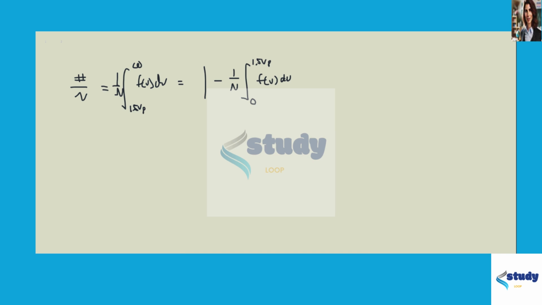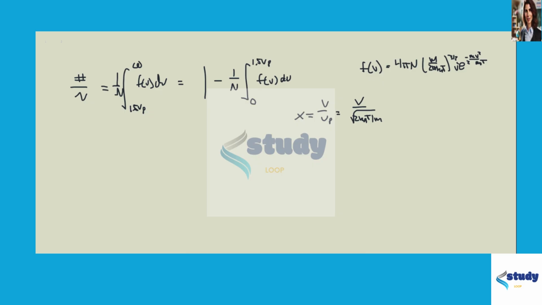Now that we have this, let's start doing some substitutions. I'm going to rewrite the Maxwell-Boltzmann distribution: 4 pi N over 2 pi kB T to the 3 halves, v squared, exponential of negative m v squared over 2 kB T. First, let's make x equal v over vp, which is the same as v over the square root of 2 kB T over m.